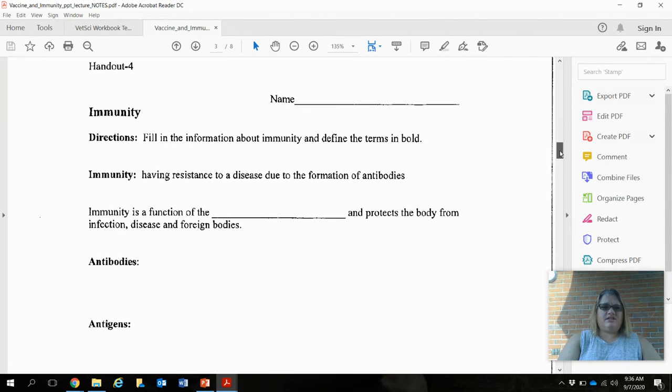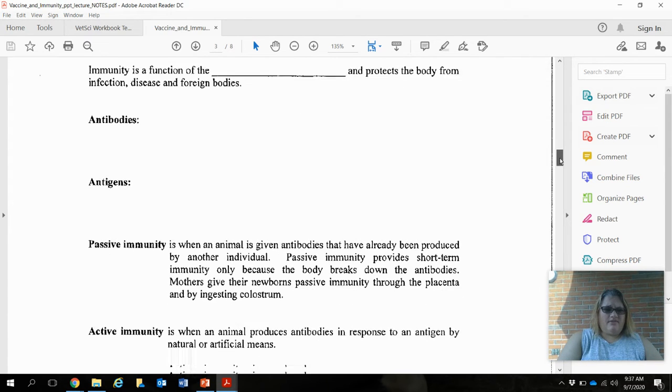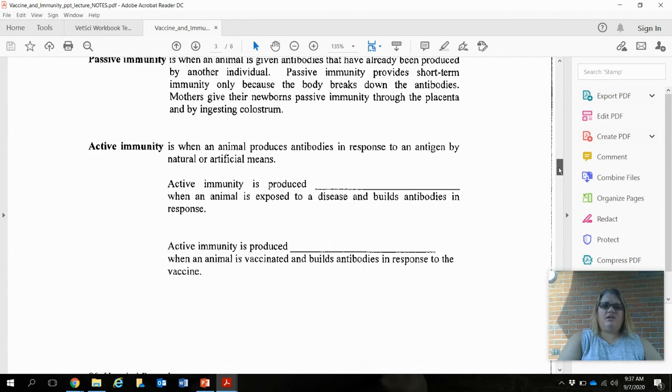Then you go on to the next page. It talks about immunity, where you can fill in the blank. Write the definition for antibodies and antigen. Sometimes that helps to write things out. And then it has passive immunity, active immunity, and some spots for you to fill in the blank there.